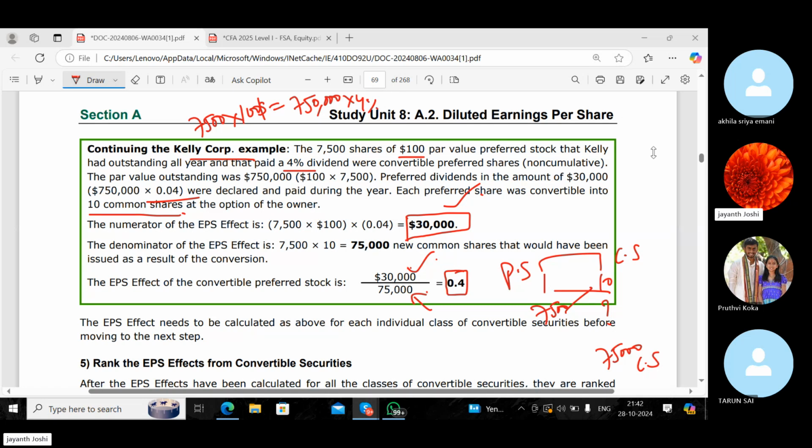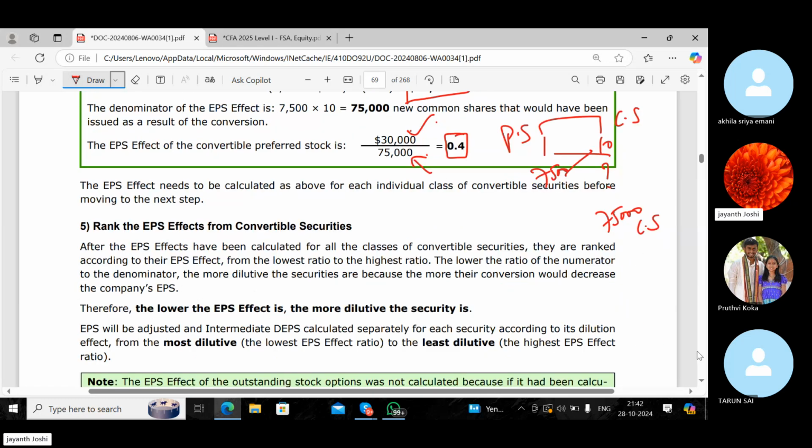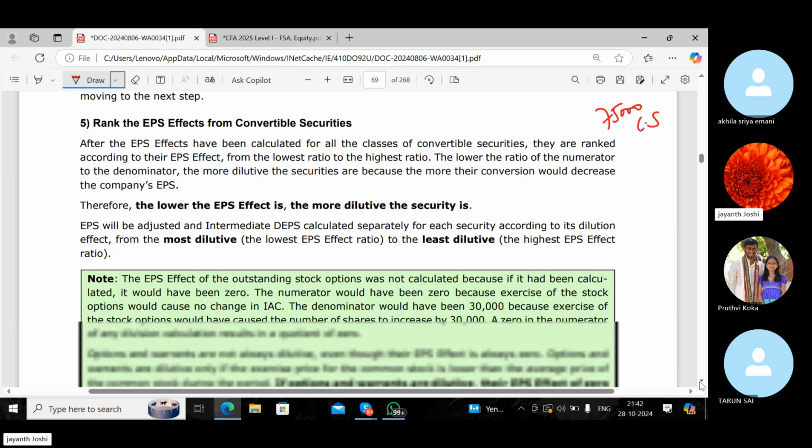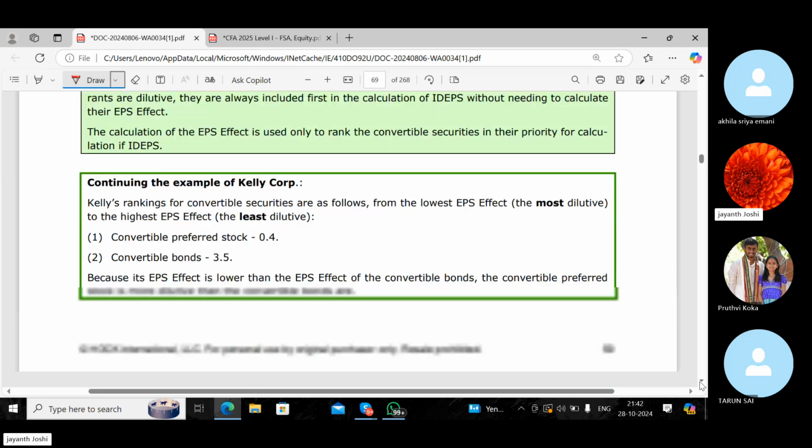Okay, let's move forward. Now the next question is, we will do a complete question to find out diluted EPS. We'll take all this data. But when it comes to ranking with respect to EPS effects, I see convertible preferred stock is ranked first when compared to convertible bonds.